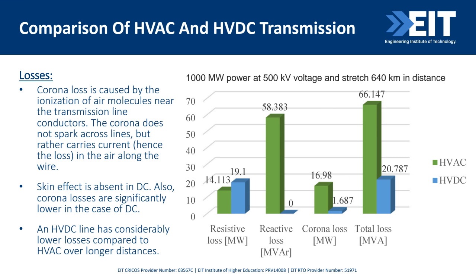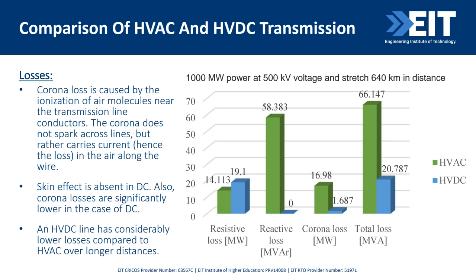And similarly, skin effect is another type of loss in AC transmission, where the AC power likes to travel around the skin of the conductor. It doesn't travel through the core of the conductor. So obviously, if we want to send a lot of power, then we need thicker conductors, right?